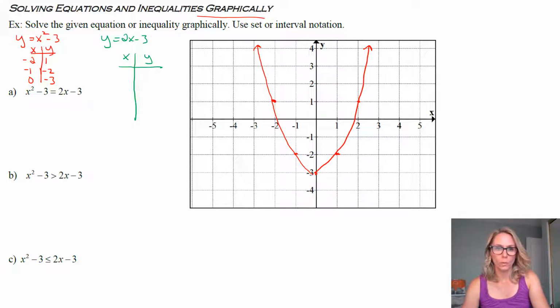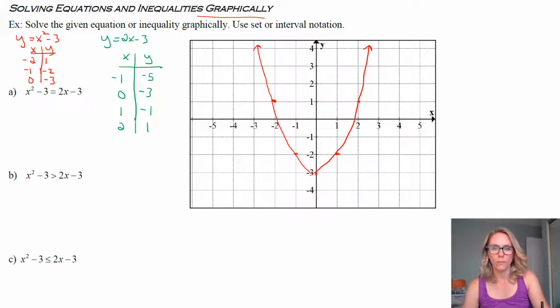So I will do, let's see, -1 is going to give me -5, and 0 will give me -3, and what else have I got? 1, sure, why not? -1. Feel free to stop and see what this looks like here. So I'm going to give myself some points, as you can see, and then I'm going to put them on the graph.